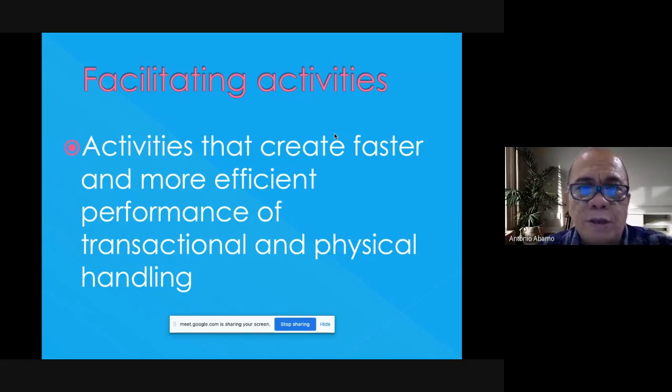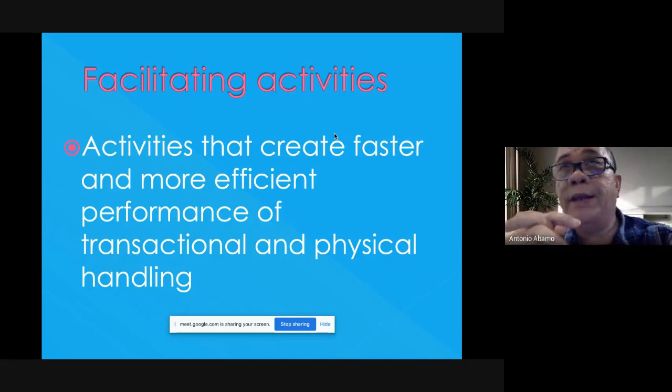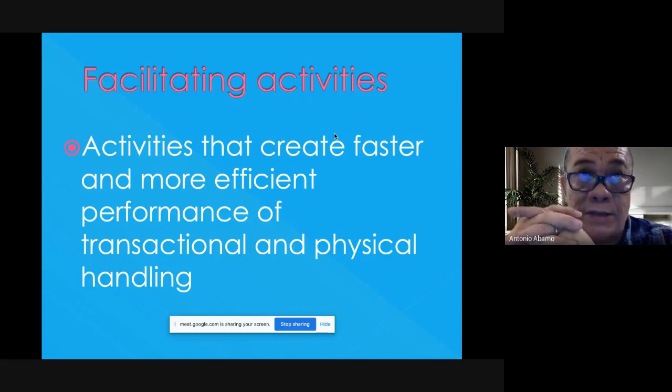So the last marketing activity is facilitating activities. These are activities that create faster and more efficient performance of the transactional and physical handling. Facilitating, in other words, it facilitates the transaction and also the physical handling. A good example of this is you advertise, you facilitate the transaction.